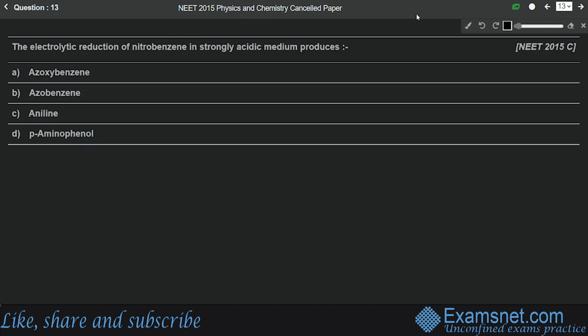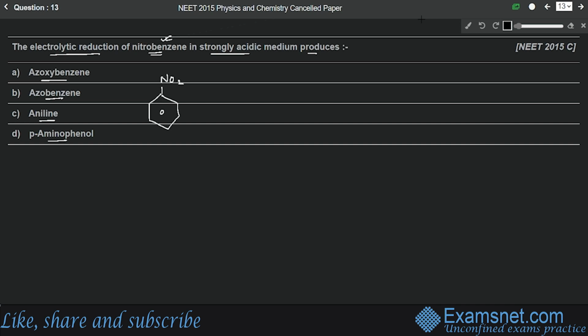Question number 13 is from the chapter Amines, and the question is, the electrolytic reduction of nitrobenzene in strongly acidic medium produces. Options are azoxybenzene, azobenzene, aniline, and para-aminophenol. So for this, we should know that the reduction of nitrobenzene can be done in two different ways. Let's see. This is your benzene ring. This is the nitro group.